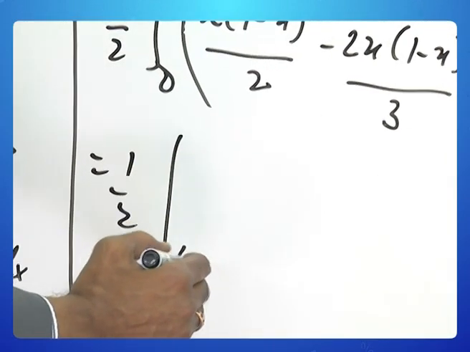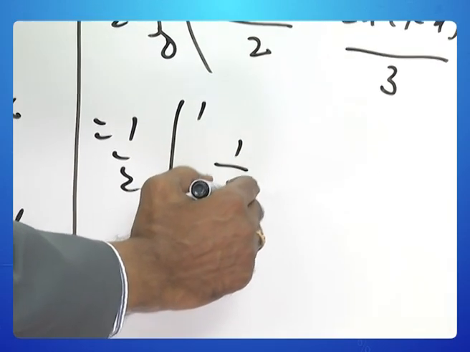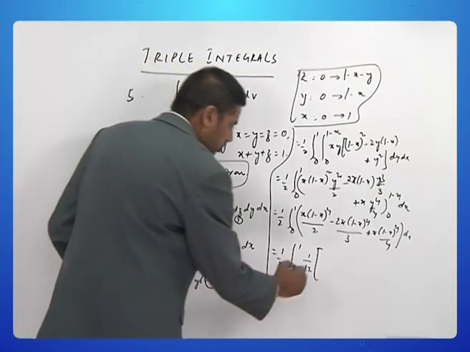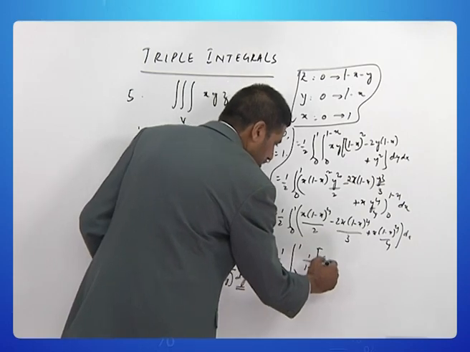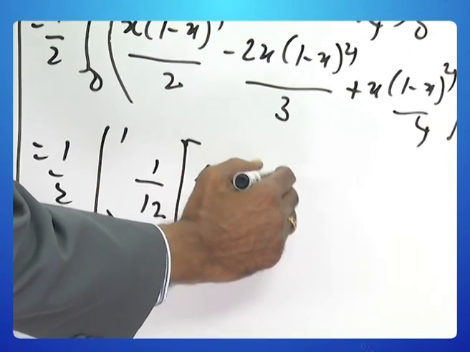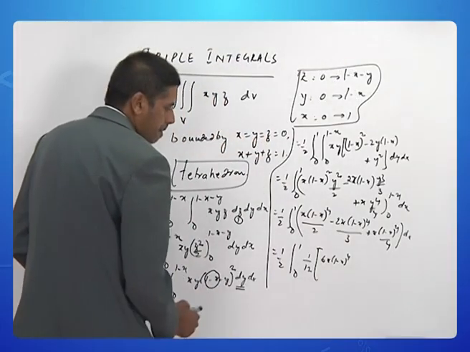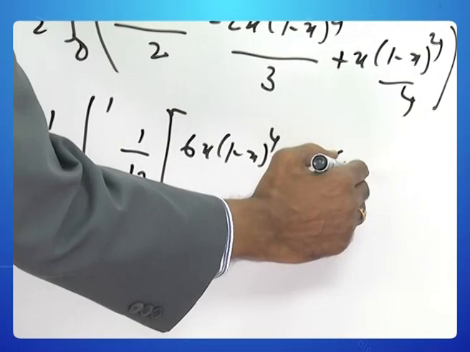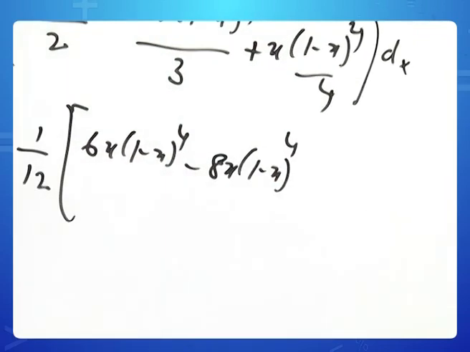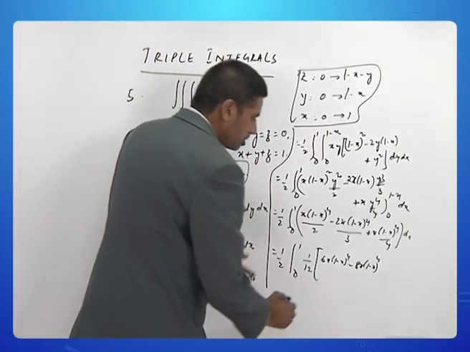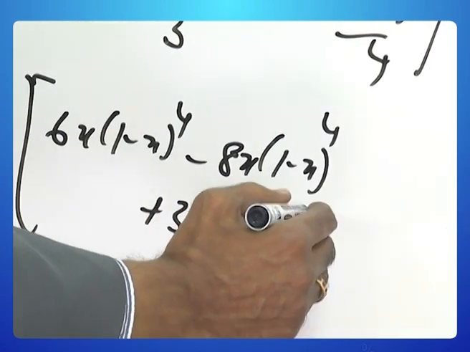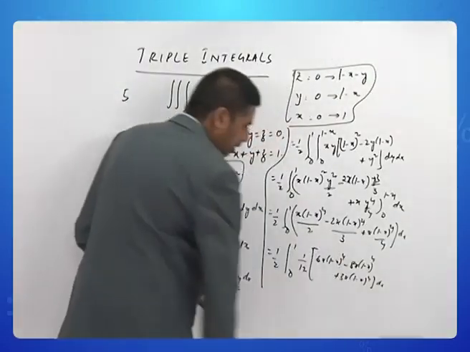Half, 0 to 1. Let us say 12 is LCM. So this will be 6x into 1 minus x to the power of 4. 3 goes 4 times, so we'll get minus 8x into 1 minus x to the power of 4, and then that becomes 3 times, so 3x into 1 minus x to the power of 4 dx.